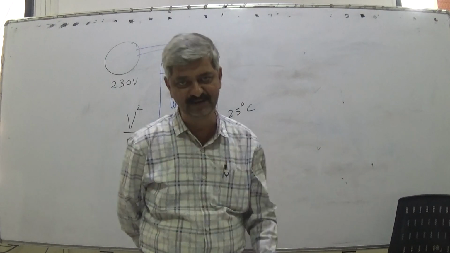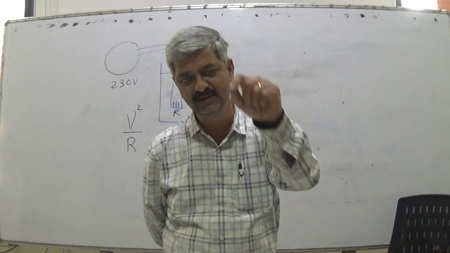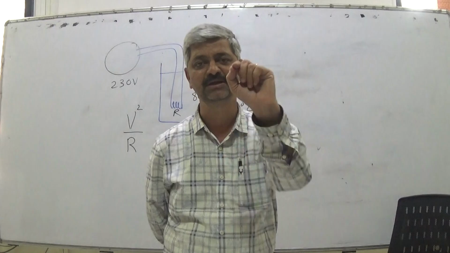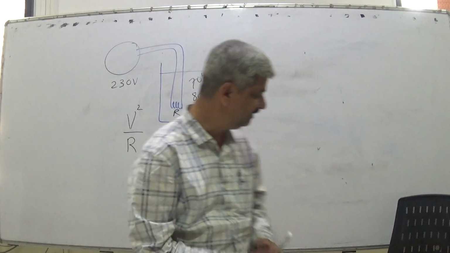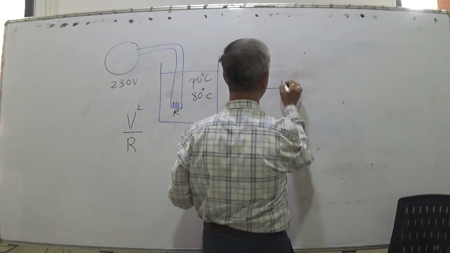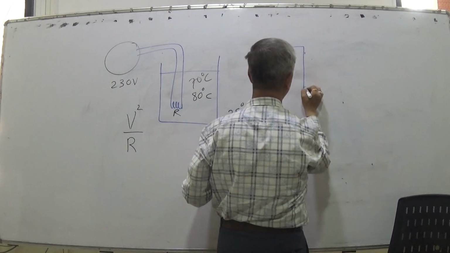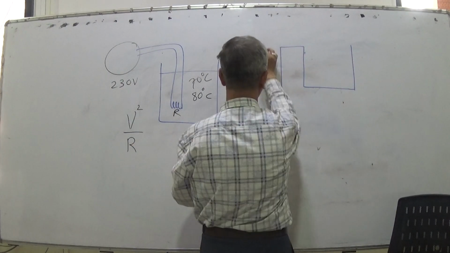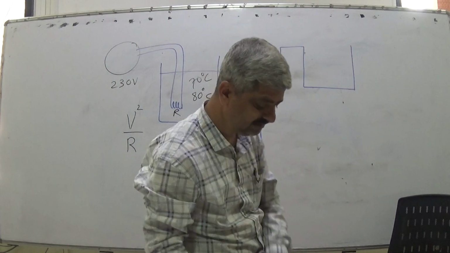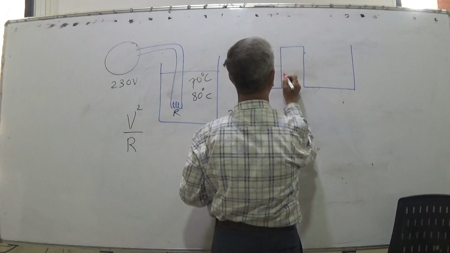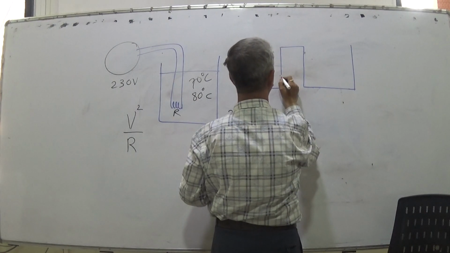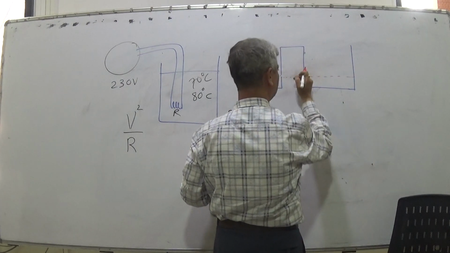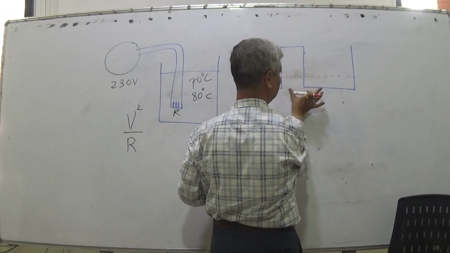The other is no dimmer: connect the heater directly to 230 volts, keep it on for 1 minute, off for 3 minutes, and repeat. In one case it is 1 minute on and 3 minutes off, and in the other case we maintain a continuous 1/4 level, which you can vary continuously.